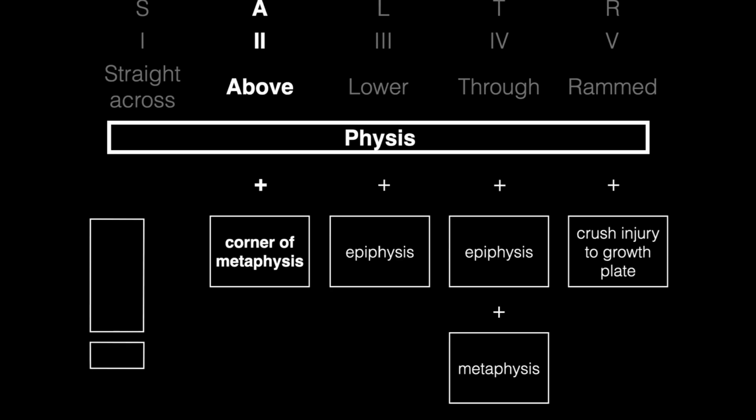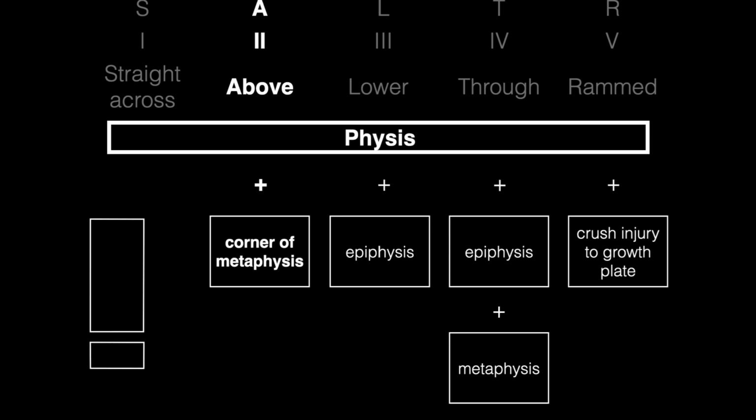This slide helps conceptualize the remaining types 2 to 5 of Salter-Harris fractures that we're going to go through. All 5 types involve the physis, but different structures are affected other than the physis depending on the type. Salter-Harris 2 fractures refer to fractures involving the physis where a corner of the metaphysis is also broken off. Salter-Harris 3 fractures describe when the fracture line extends from the physis into the epiphysis.